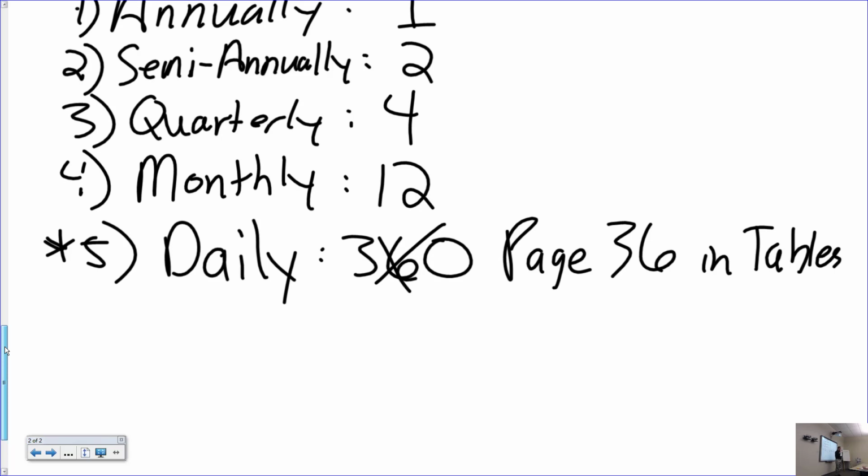Because if you ever have a question that asks you how much or what you're doing with a daily compounded problem, this is the only page you should turn to, period. Okay? Page 36. That's it. All right? And note, the numbers have to fit somewhere on these tables. Okay?